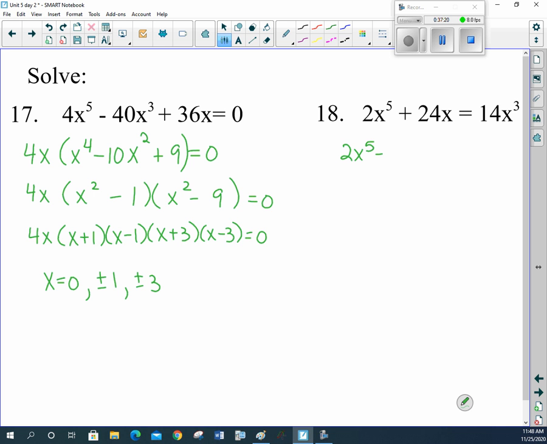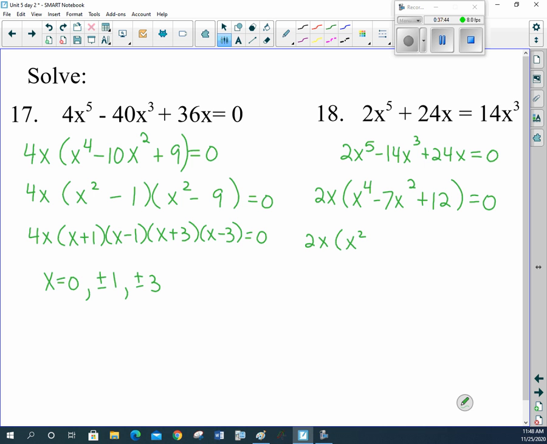2x to the 5th minus 14x to the 3rd plus 24x equals 0. You want to make sure it's in descending order in standard form. GCF on this I think will be a 2x, so factor out a 2x. And that's x to the 4th minus 7x squared plus 12. And then factor, so it's an x to the 4th.